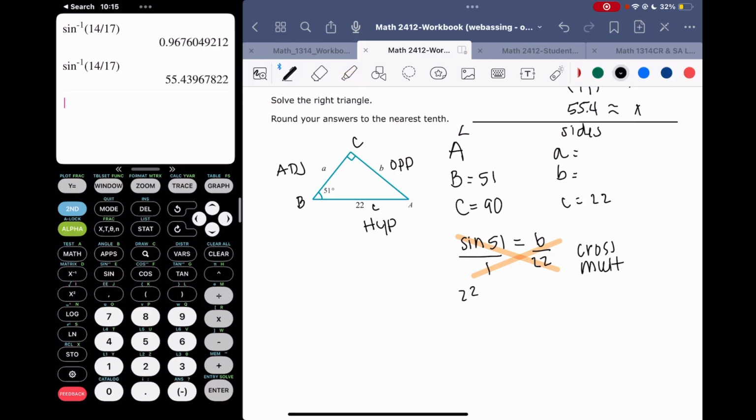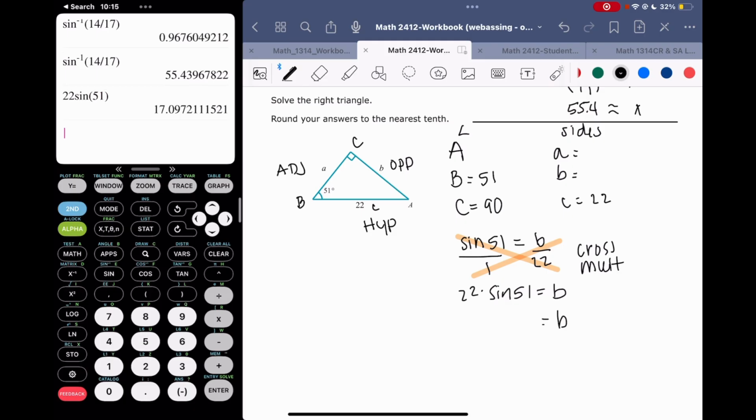So 22 times sine 51 is going to be equal to b. B is equal to 17.1 because it says to use the nearest tenth.